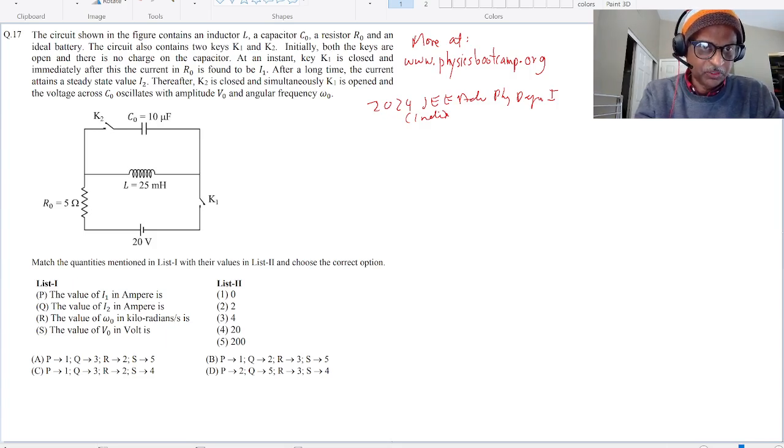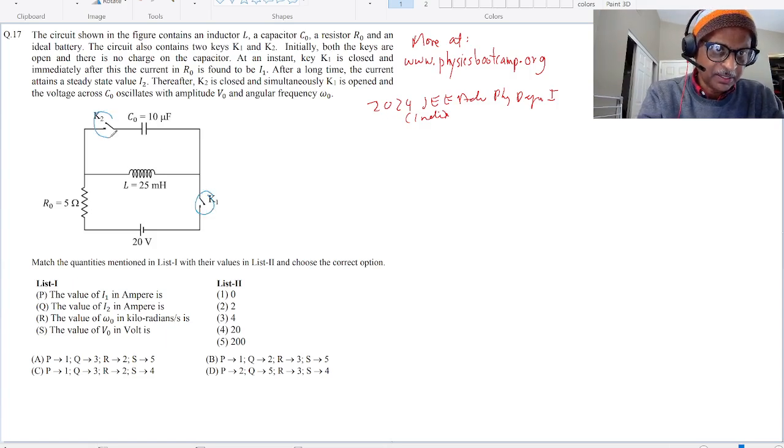So let's look at it closely. Here I have 2 keys, a key here and a key here. Keys control if a particular branch is going to be active or not. Initially both K1 and K2 are open. Even when the battery is there, there will be no current flowing because the battery is not connected.